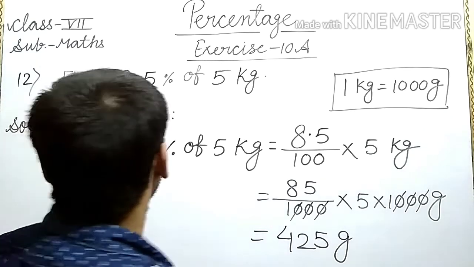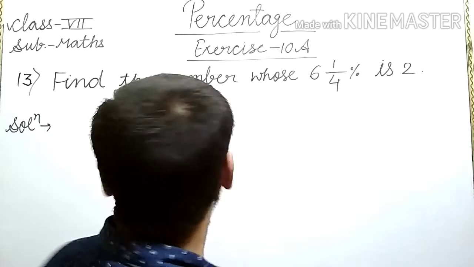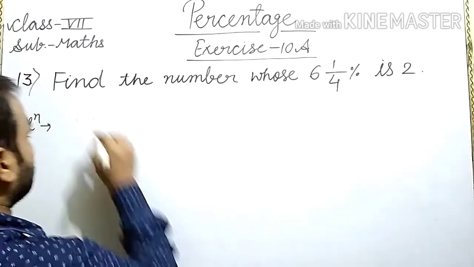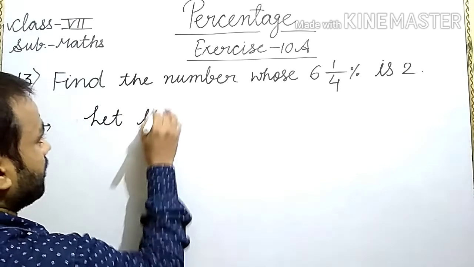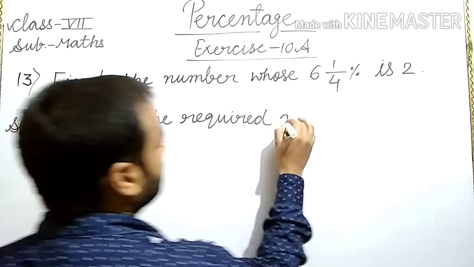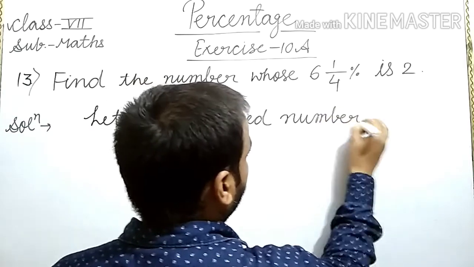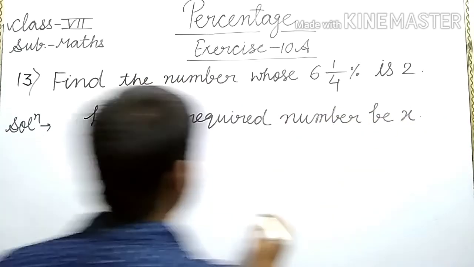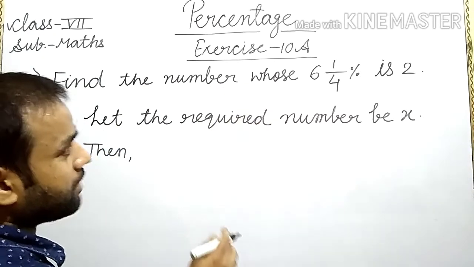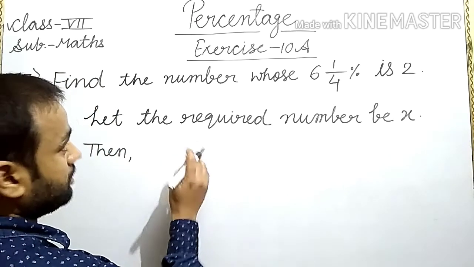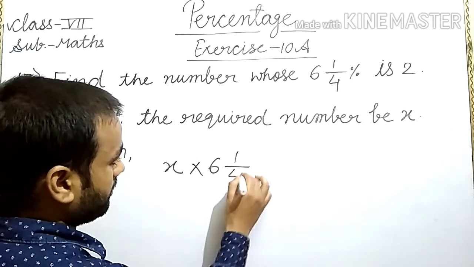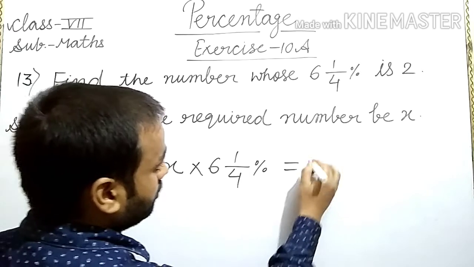Now let us discuss question number 13. In question number 13, find the number whose 6 whole 1 by 4% is 2. So let the required number be x. Then the number, here number is x, whose 6 whole 1 by 4% is 2.